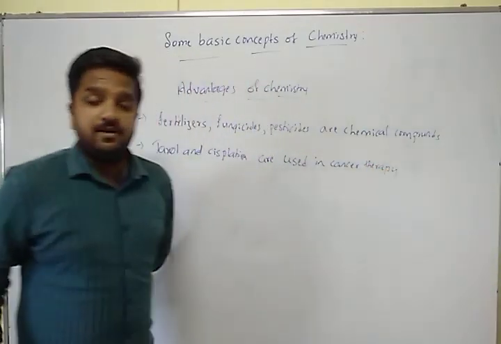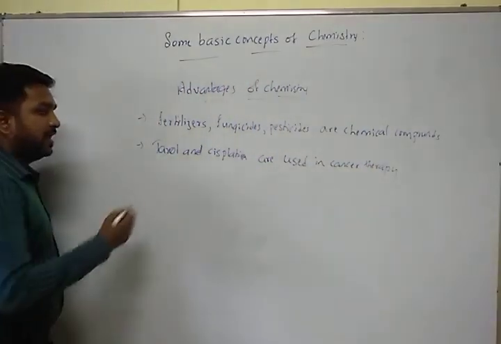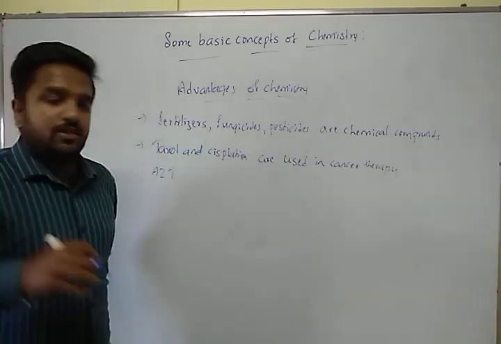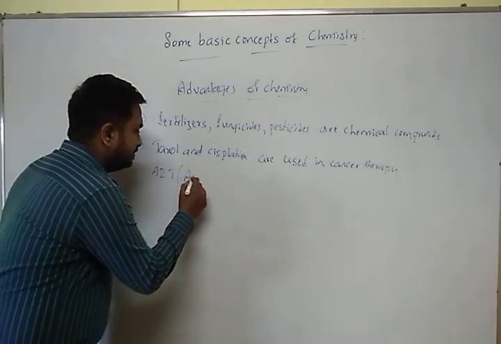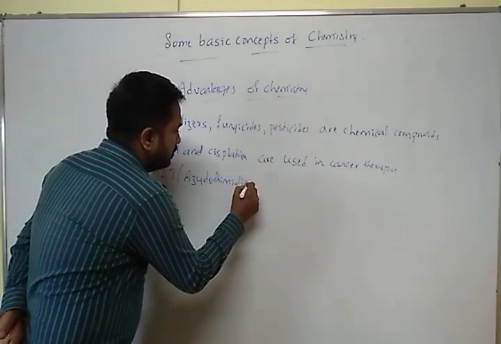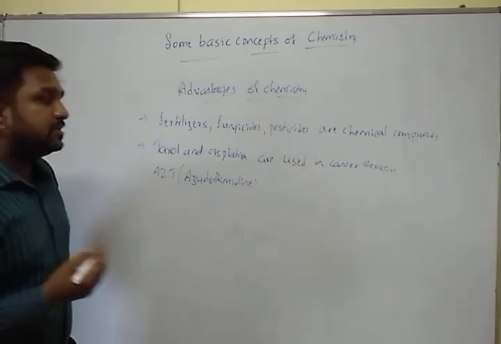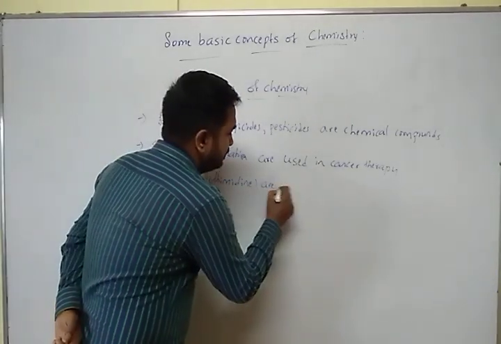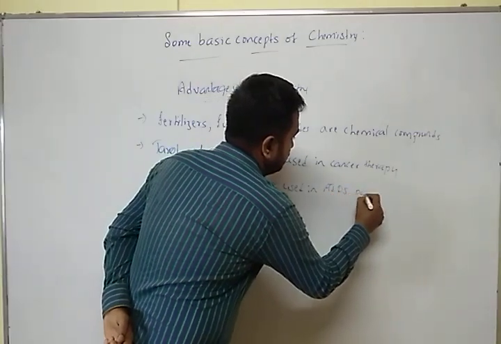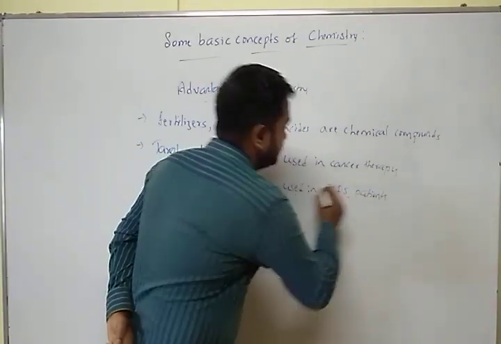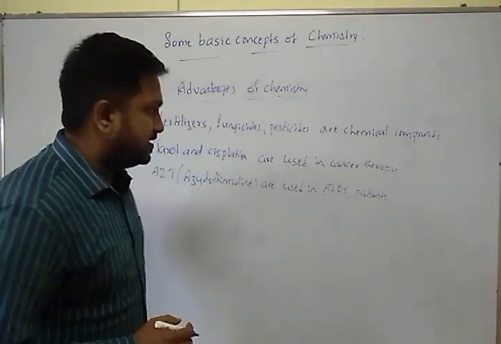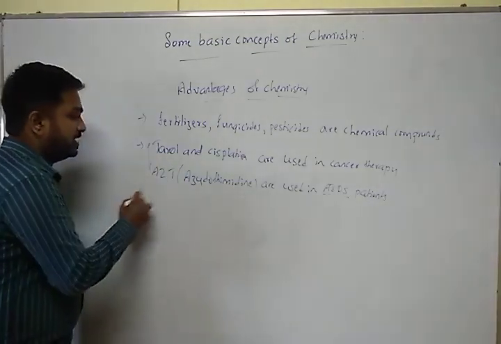They are used in the treatment of cancer, Taxol and cisplatin. And we have one more, AZT, it is known as azithromycin. Azithromycin is used in the treatment of AIDS patients.